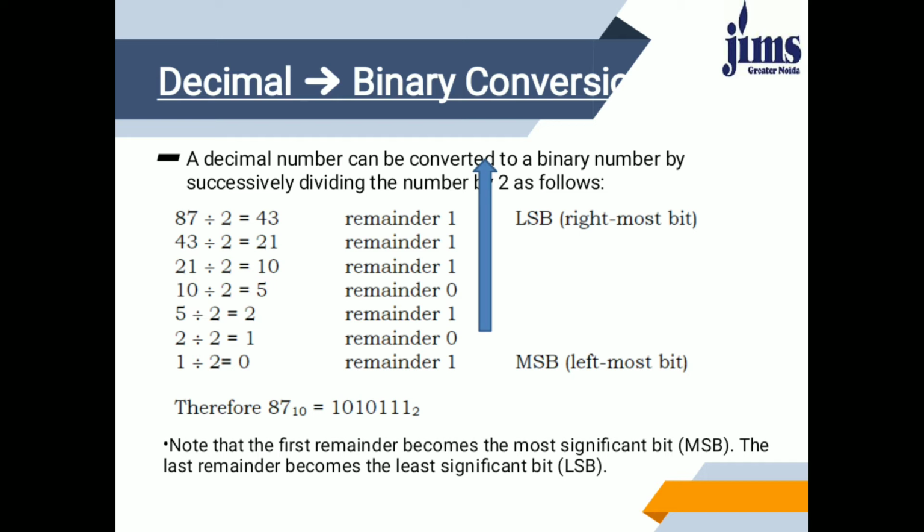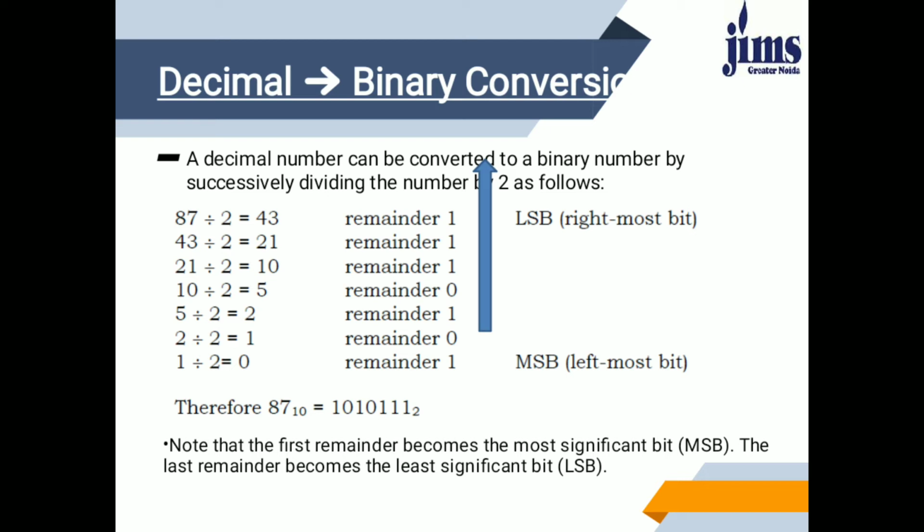Now the answer is 21 with a remainder of 1 again, so we collect that. Now 21 will again be divided by 2 and the answer will be 10 with a remainder of 1. This process will continue until we get 0 in our quotient.